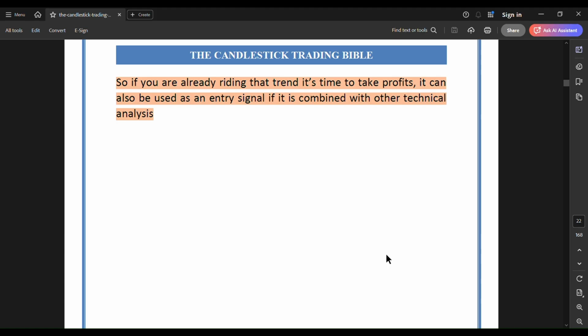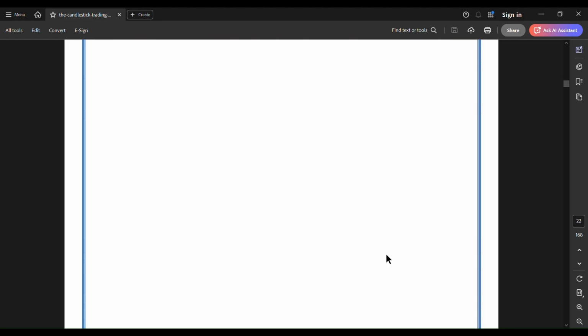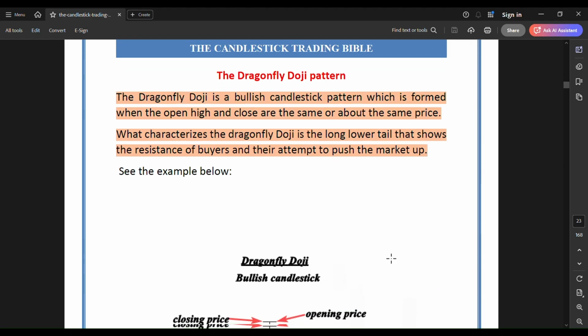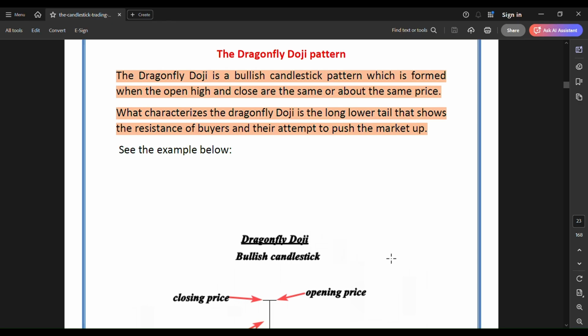If you are seeing subsequent doji candles coming in, it indicates exhaustion of the current trend. If it was an uptrend, then the uptrend is now exhausted. If it was a downtrend, then the downtrend is now exhausted, and you might consider calling it a day or closing your particular position.